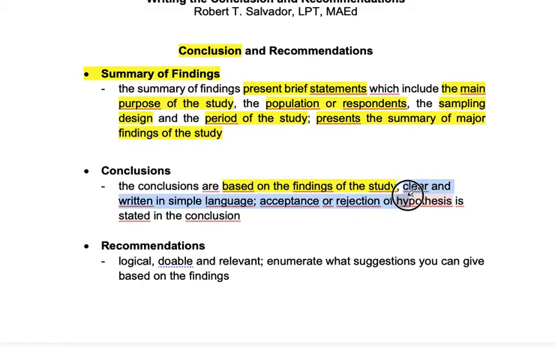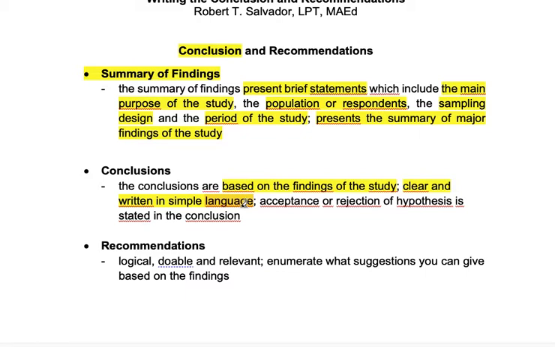This is written in clear and simple language. No highfalutin words anymore. Direct sentences about the conclusions. We are referring to the answers to your research questions. So what can you conclude on your research question number 1, 2, 3, and so on?